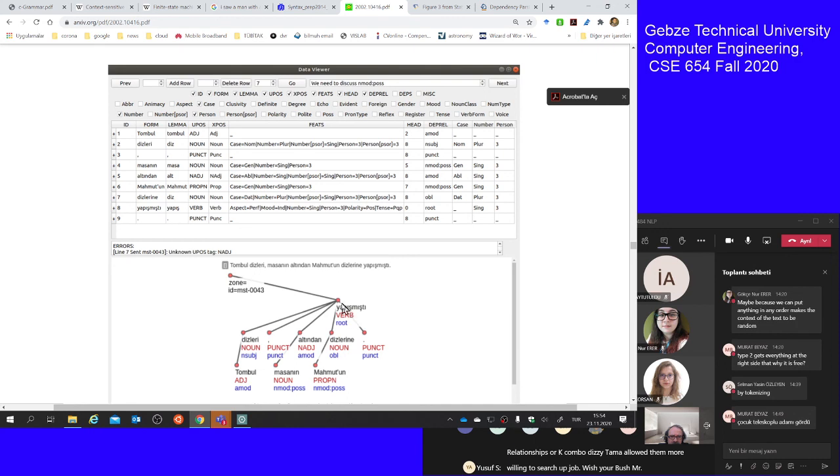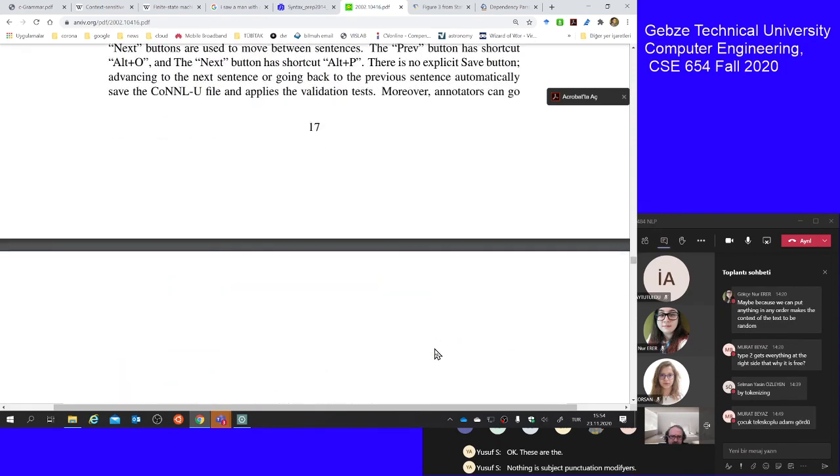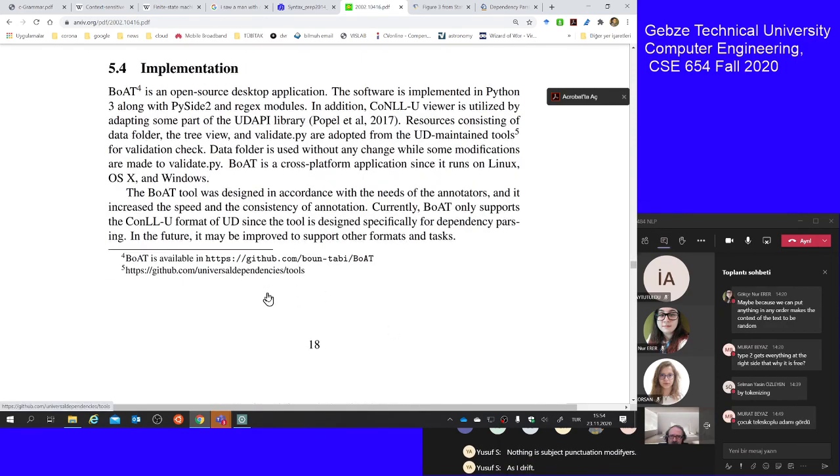So yapışmıştı is obviously the root, the verb, and then punctuation, adjective, nominal, subject, modifier, etc. Okay, good.